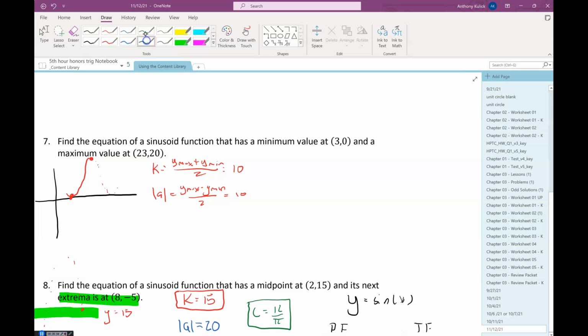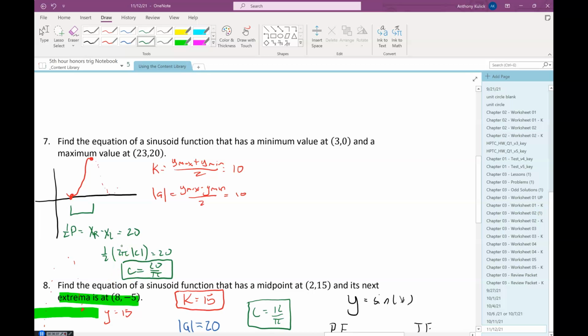Next up, we'll find our c. I notice that this distance is half of a period. So I have 1/2 of 2 pi over absolute value c is equal to 20, so c is just going to be 20 over pi.